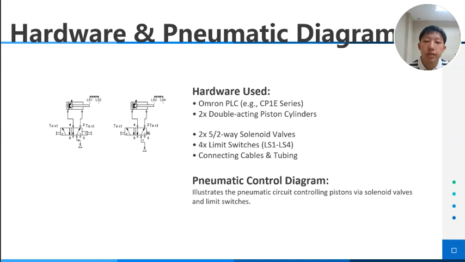On the right is the pneumatic control diagram, which shows how the solenoid valves and the limit switches interact to control the movement of the distribution and ejection pistons.